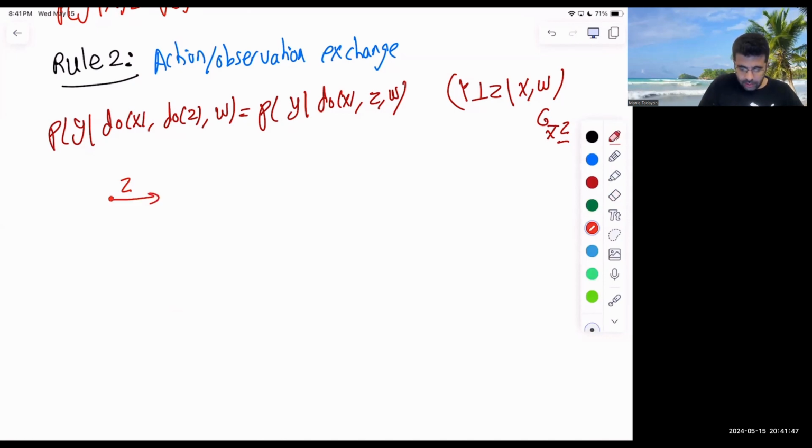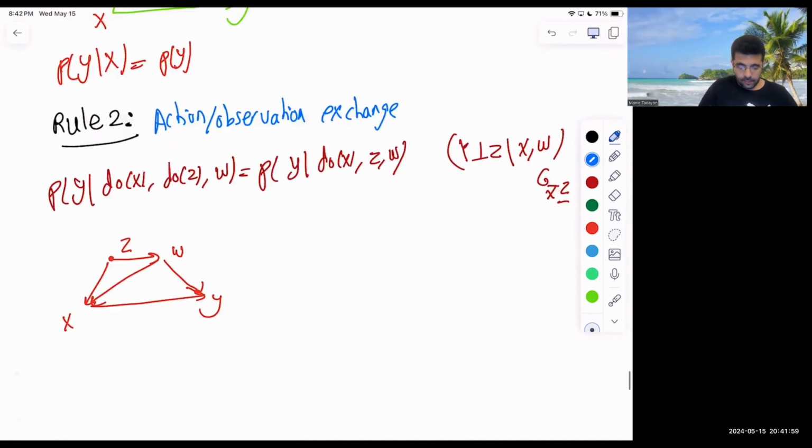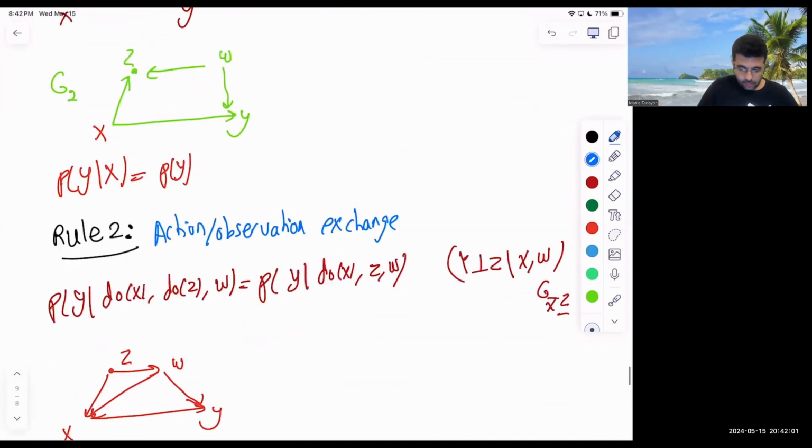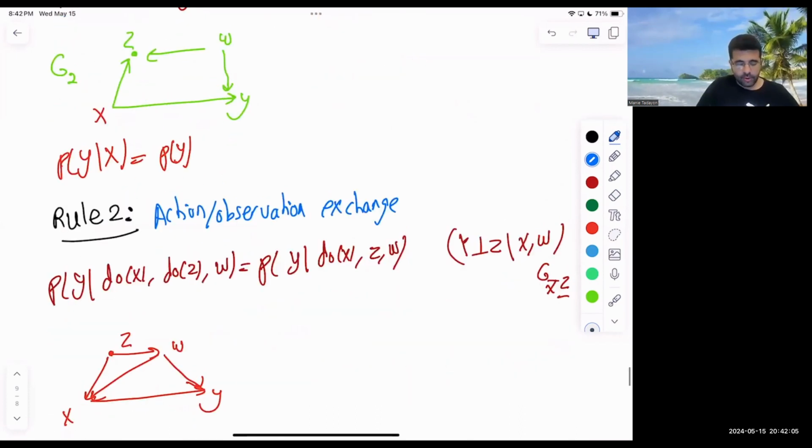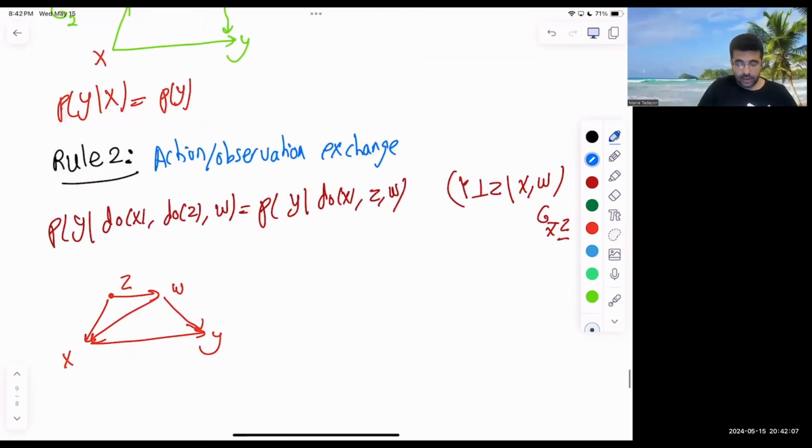So you don't have to really. x, y, and then I can plot this one as well. Yeah, similar to what we had. W going to Z. I switched some of the edges here.